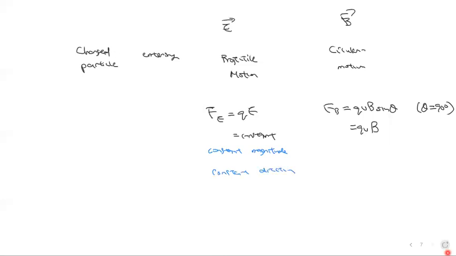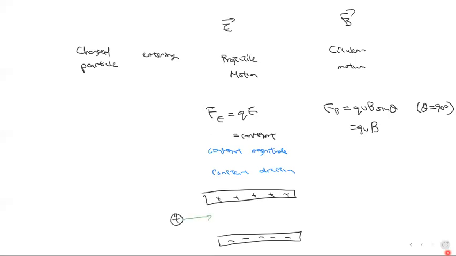You can see that in just a very simple diagram. If this is positive and it's heading to the right, your electric field is heading downward. And so your projectile will curve, but as a projectile motion.